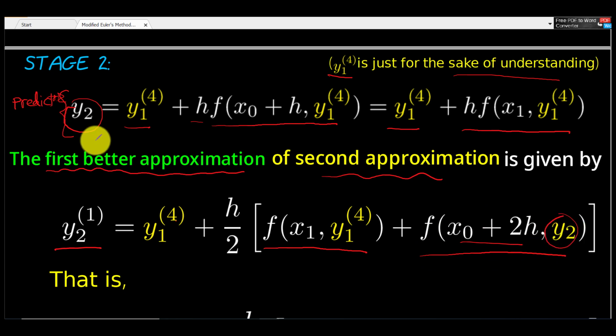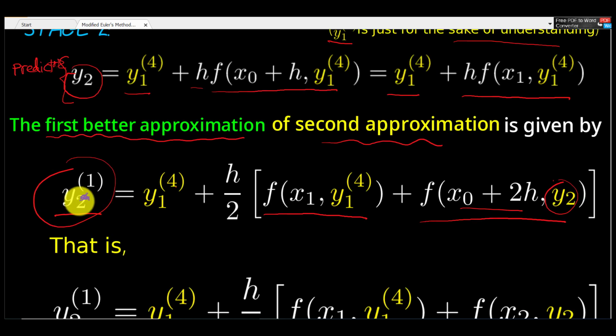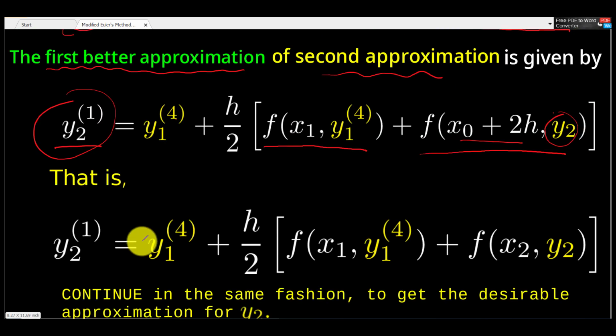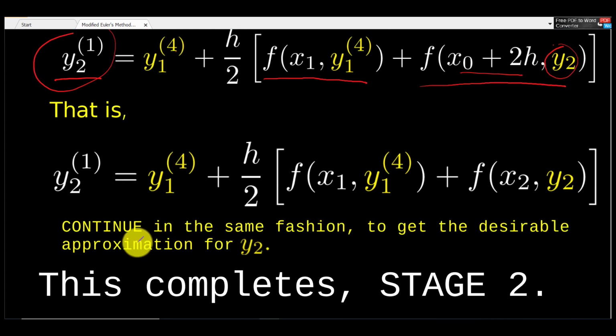Now see, initially I have this y2 that I am writing here. This is my first better approximation. Naturally the second better approximation will go with the use of this y21 here. So I am just writing here that continuing in the same way we are getting better and better approximations for y2.